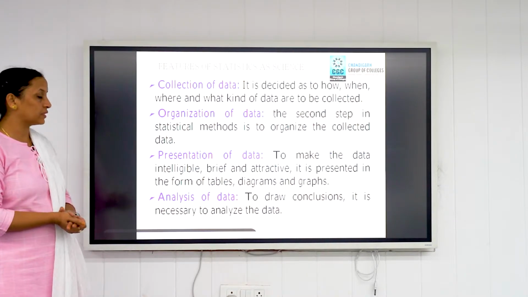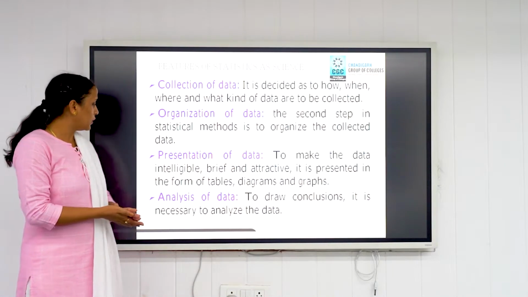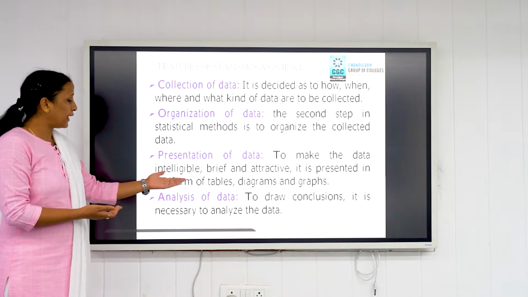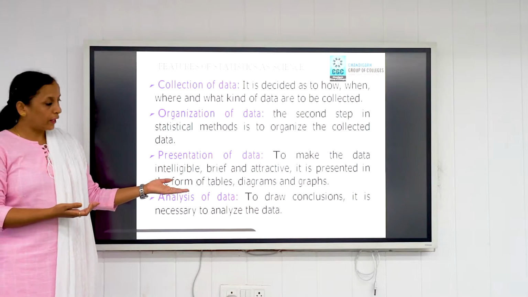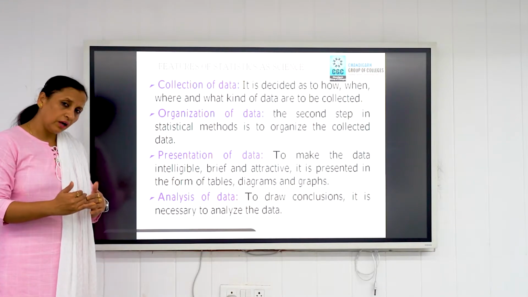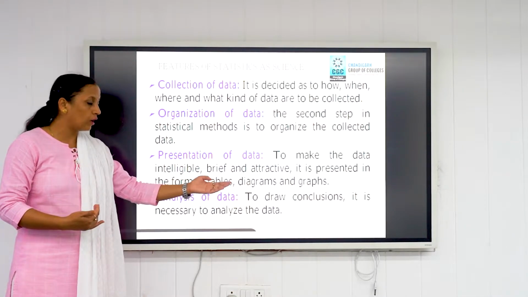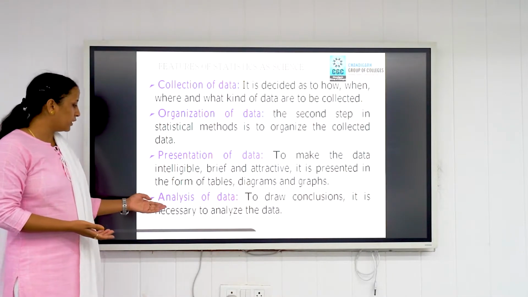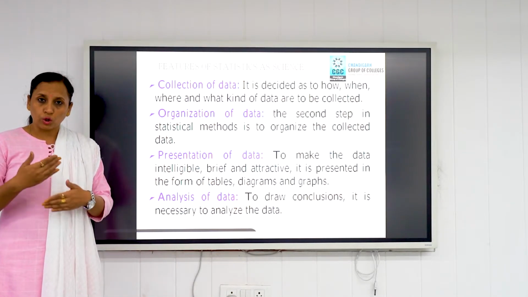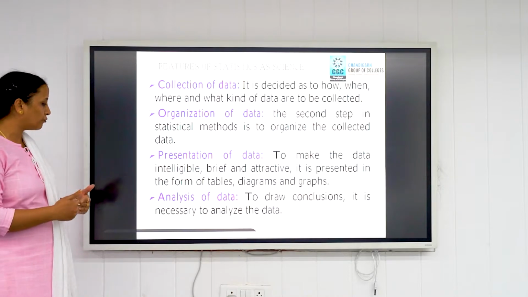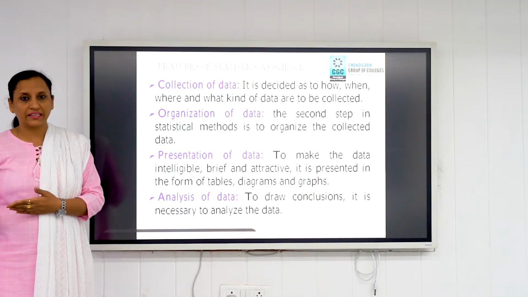Then presentation of the data: to make the data intelligible, brief, and attractive, we have to present our data in tables, diagrams, or graphs. Then analysis of the data: to draw conclusions for our study, we have to analyze our data using various tools and techniques.